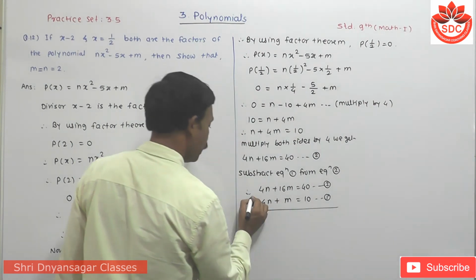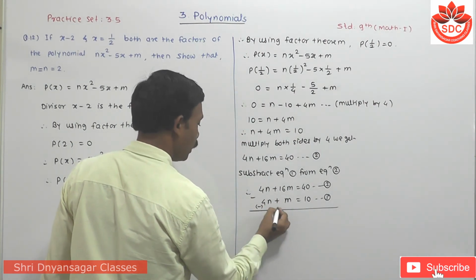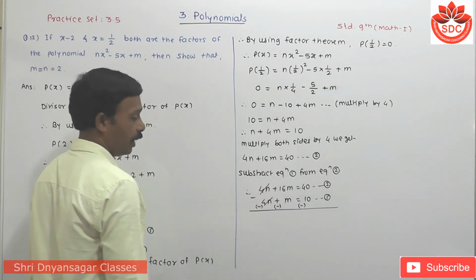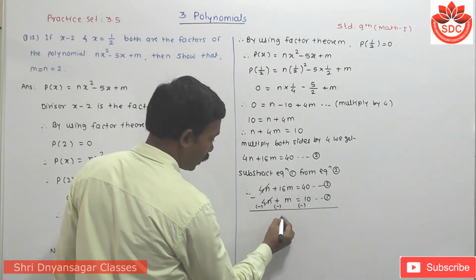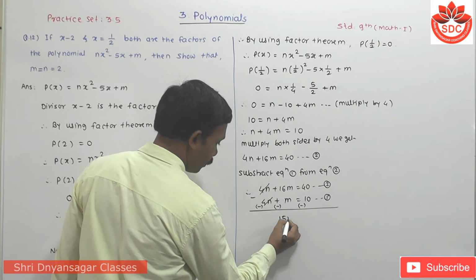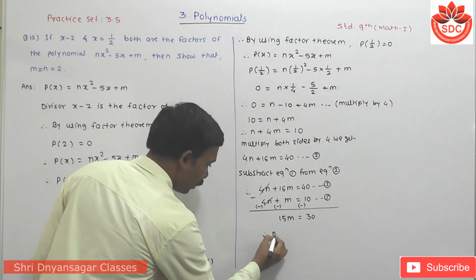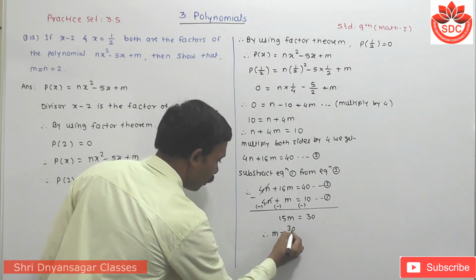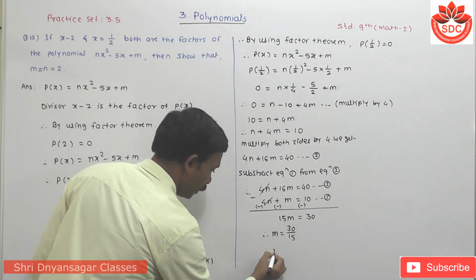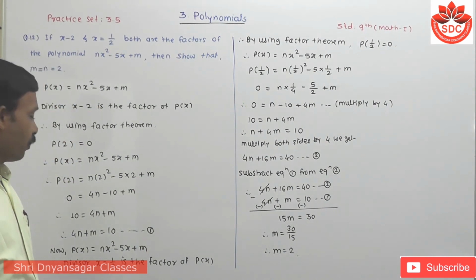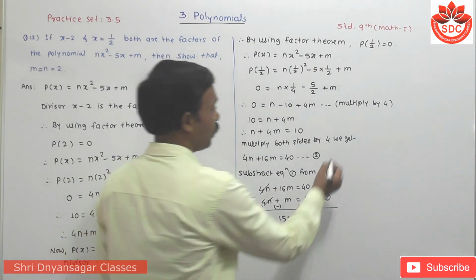When we subtract it, then the signs of the second equation change. Then this 4n gets cancelled. This subtraction becomes 15m is equal to 30. Therefore, m is equal to 30 upon 15. m is equal to how much? 2. Substitute this value of m in equation first.